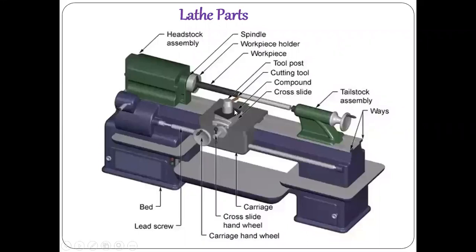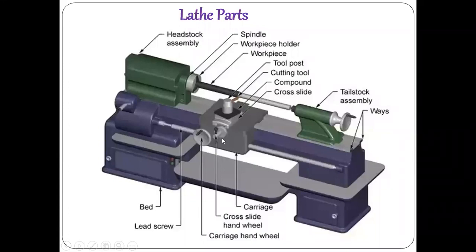Between the compound rest and the base, it is mounted on a kind of vise, similar to the vise you may see in carpentry. When you rotate this handle, this portion can move forward as well as backward. That's why it is called the cross slide, because your workpiece is rotating about a particular axis and the slide moves across to it. So the tool moves as you move the cross slide.